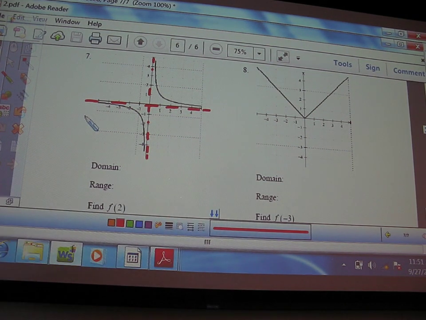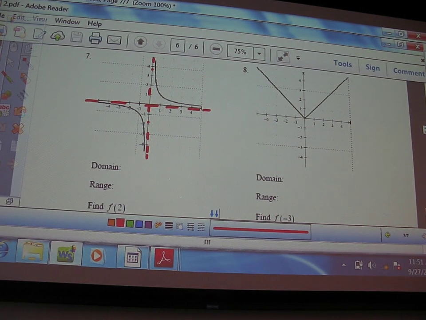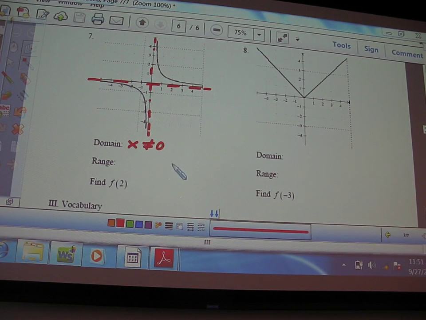So the way we write this for our domain is x can't be 0. In terms of interval notation, you could say it goes from negative infinity to 0, does not touch 0.